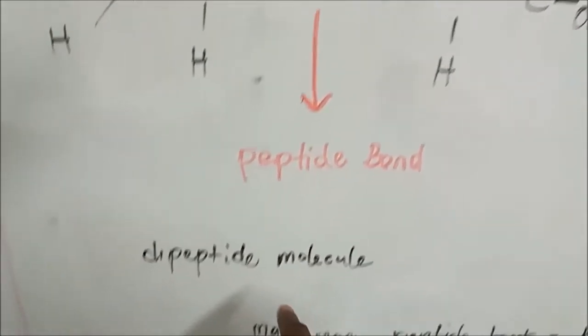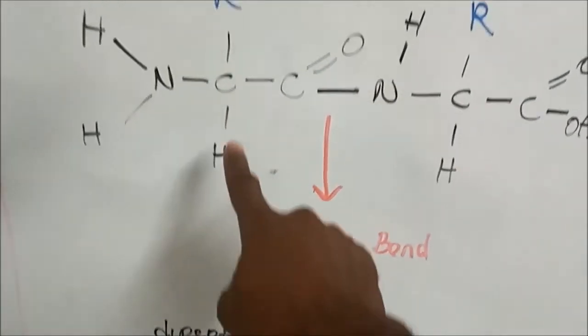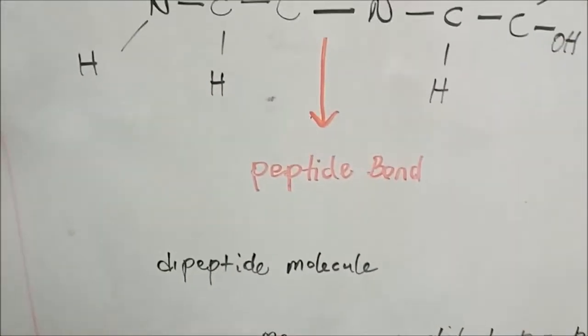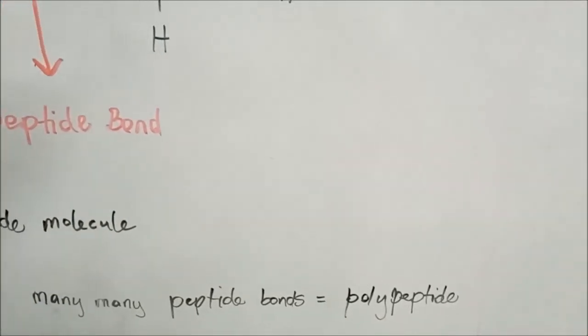Good. The molecule itself is going to be called a dipeptide, because it is two amino acid molecules bonded together. When we have many peptide bonds, that gives us a polypeptide, and polypeptides is what we call proteins.